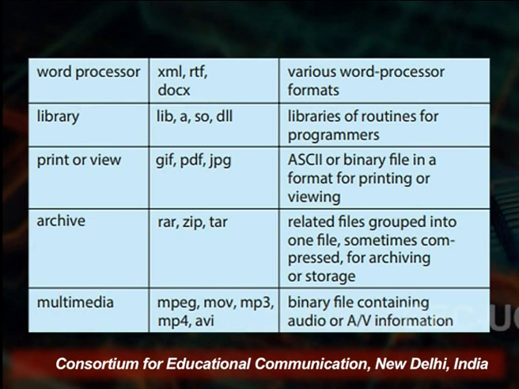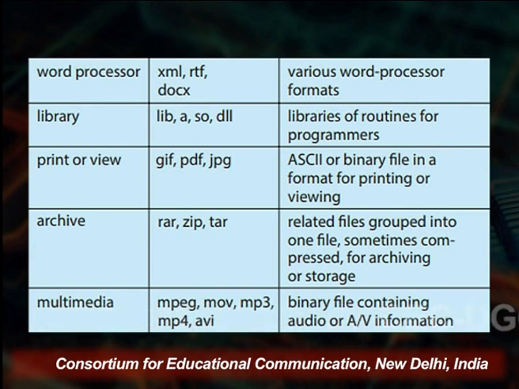Apart from that, some library files, libraries of routines for programs, .lib, .dll. Then printable or viewable files, binary files in a format for printing or viewing, like image files .jpeg, PDF or .gif.